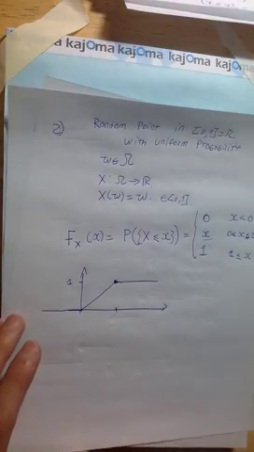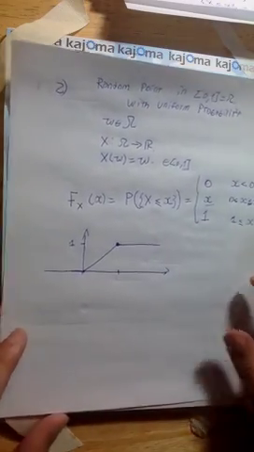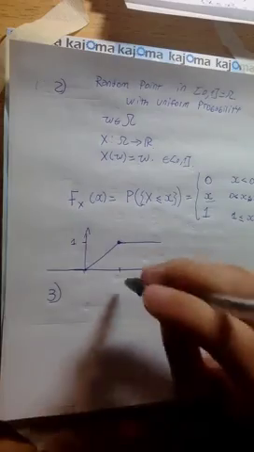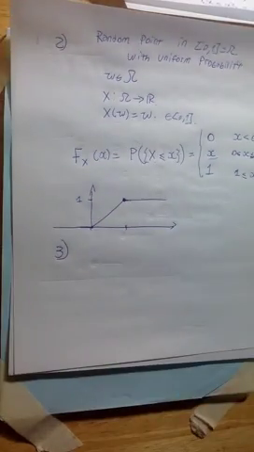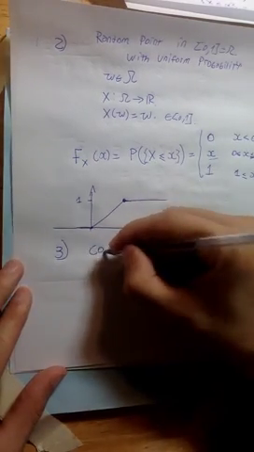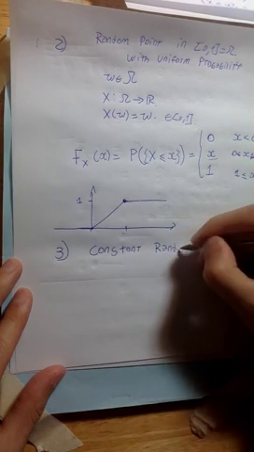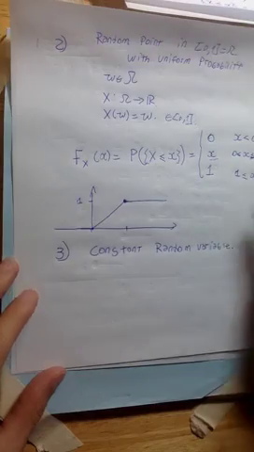Now let's look at another trivial example, which is used a few times for mathematical purposes. We will look at the constant random variable.